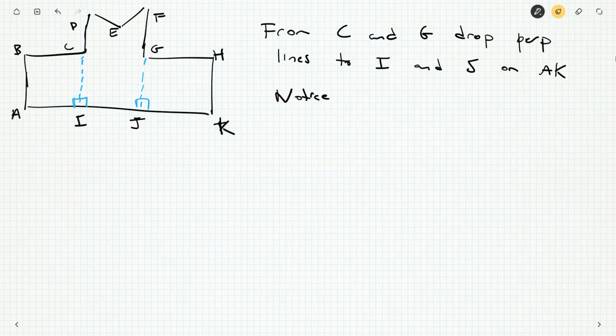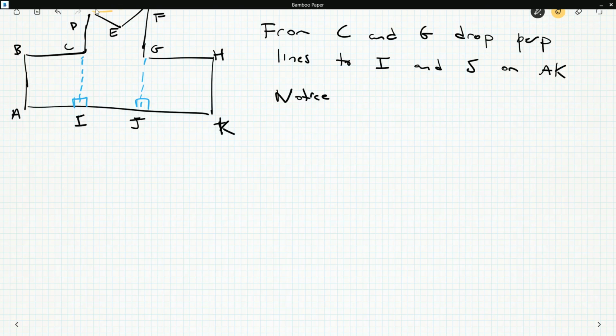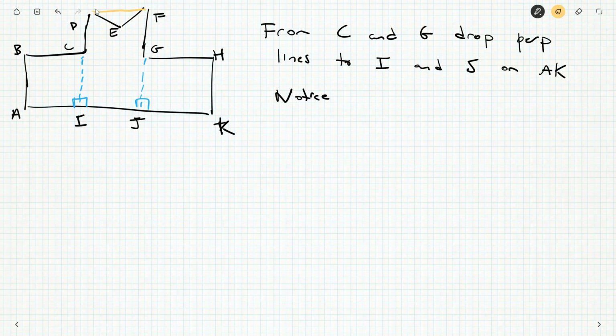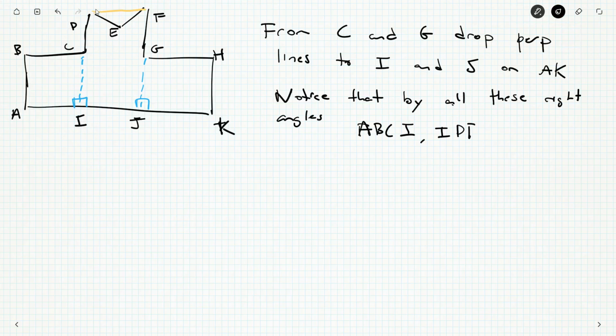Notice, and then I'm also going to add in DF up here. Notice that by all these right angles, ABCI, IDFJ, and GHKJ are rectangles.